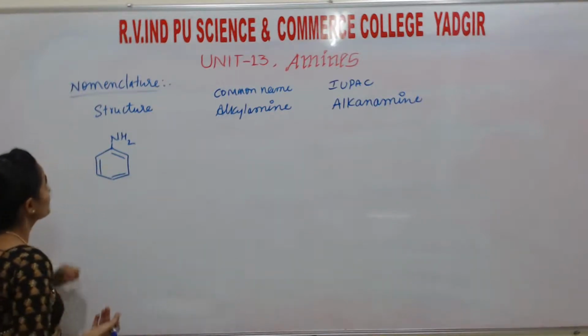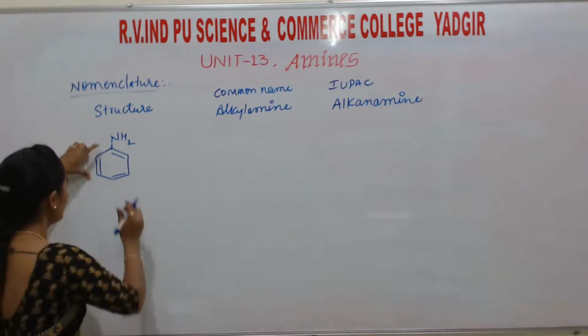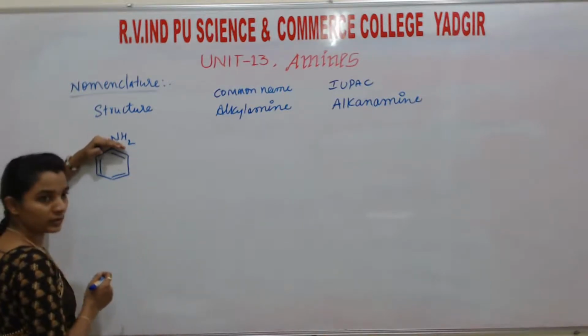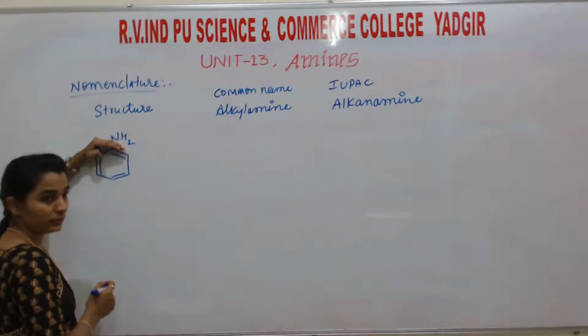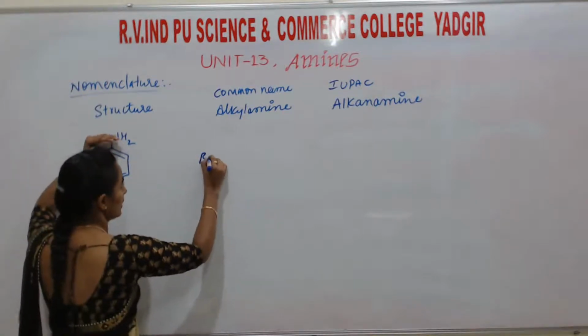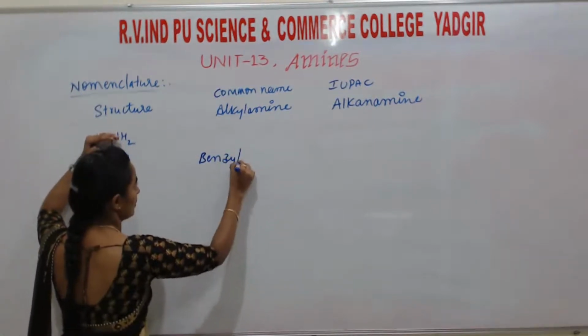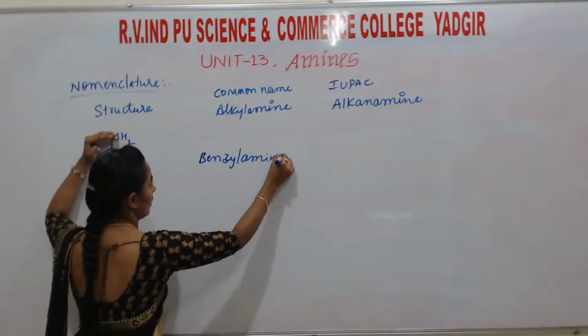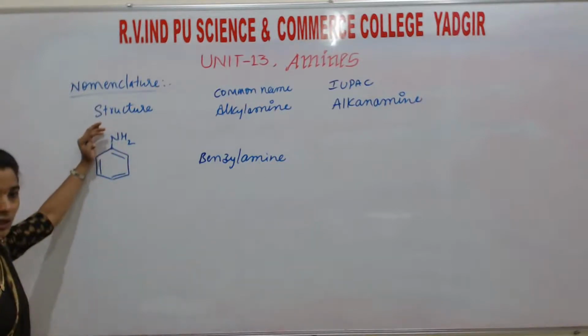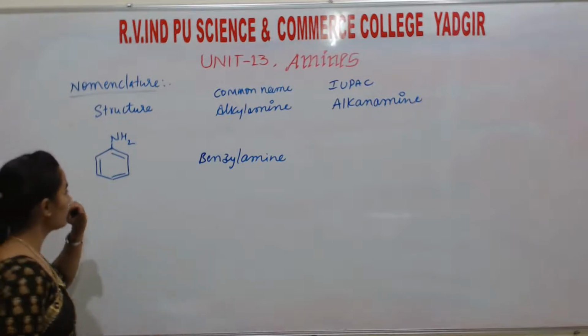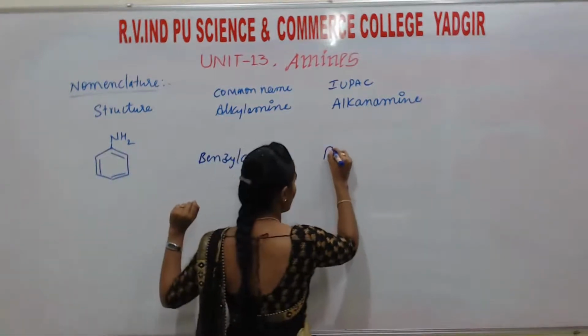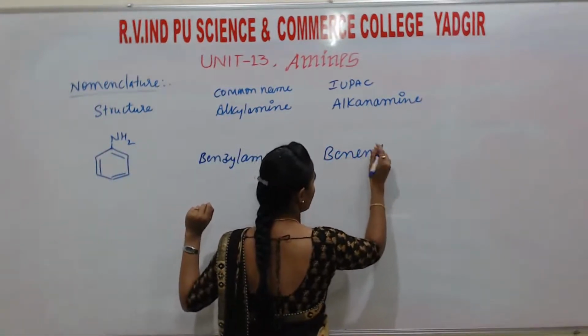So students, here this is the structure. Alone this is called what? Benzyl. Benzyl amine, okay. So for the IUPAC name, benzene is the name.